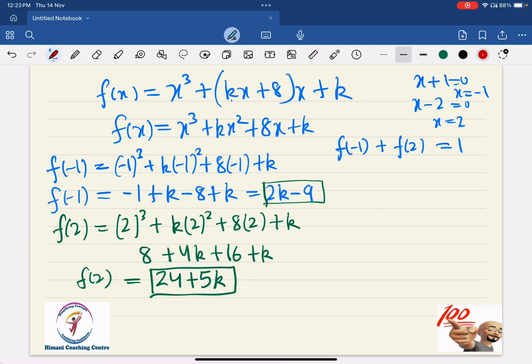Let's do that. So we have 2k minus 9 plus 24 plus 5k, which is equal to 1.